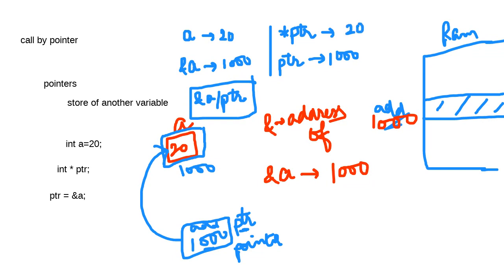right? So finally, can I say if I write A or I write star PTR, that's also the same, right? PTR means the address and star PTR means the value at that address. So A and star PTR, that's the same.